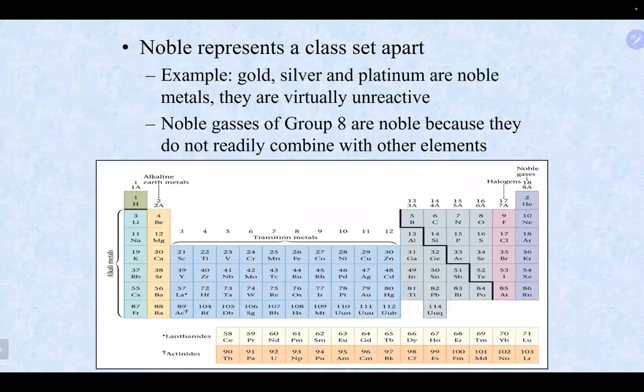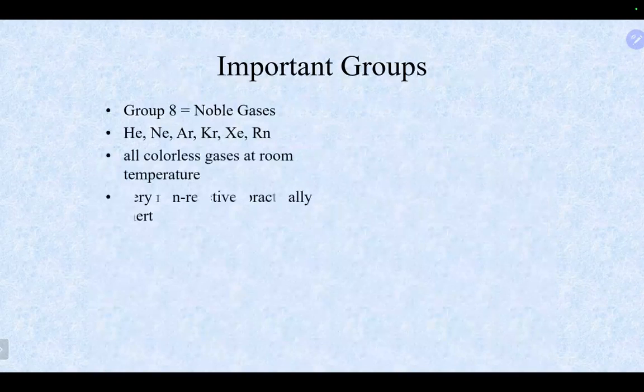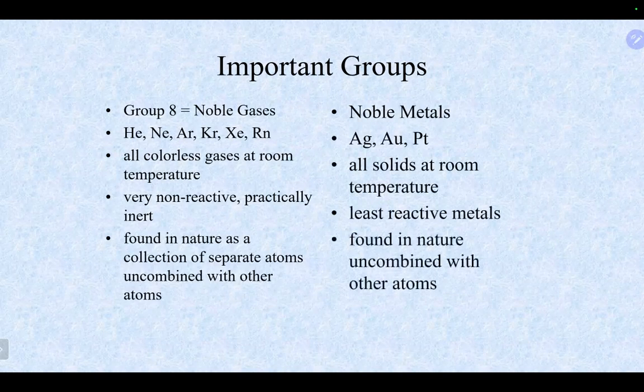So as I mentioned, noble gases are pretty much chemically inert. There are some noble metals like gold, silver, and platinum. They're virtually unreactive, and those are found in the transition metal region. And here are some characteristics of our noble gases, most of which we've talked about along the way.